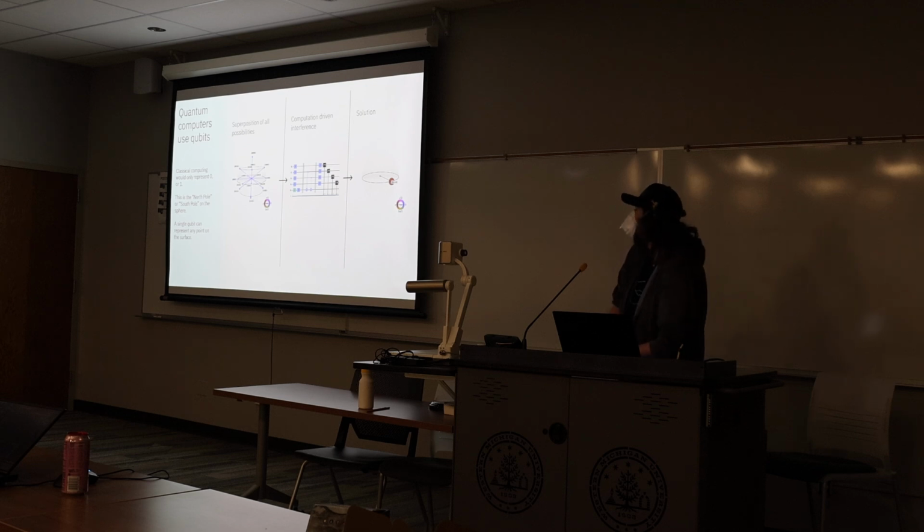So for the superposition diagram there on the left, it is a sphere, and you can think of 0 as being the North Pole, and 1 as being the South Pole. However, in quantum computing, you also have all the other possible positions on the surface of that sphere. So, point being, you can represent a lot of information with 1 qubit, which is why it's really good for probability and matrix math.